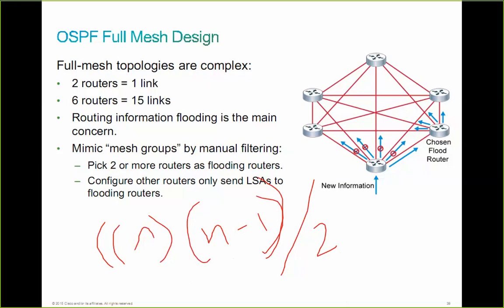If I have a very large full mesh or partial mesh of OSPF networks, we have to deploy techniques in those networks to reduce the amount of routing information and flooding that's going to occur in the network.